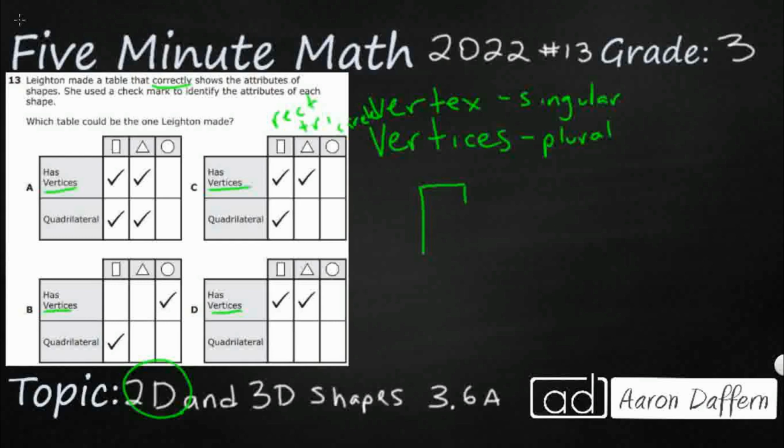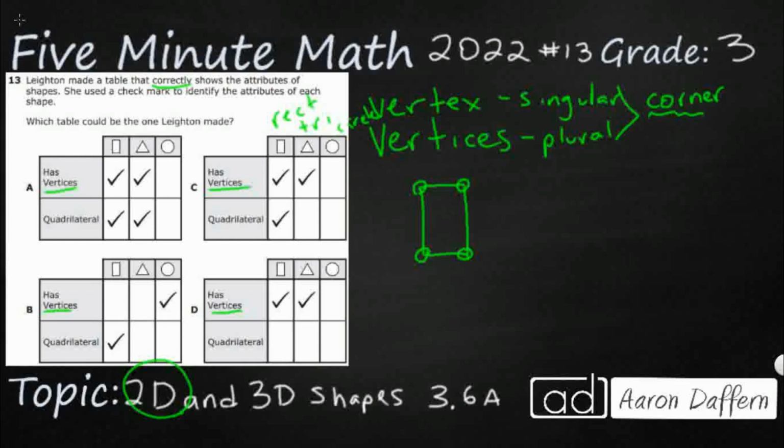One way to think of a vertex, and let's just look at it right here on a rectangle, this is our first shape, is the fact that it has 4 of them. These are your vertices. So one way to think of a vertex is think of it as a corner. It's just a really short and sloppy definition of it.